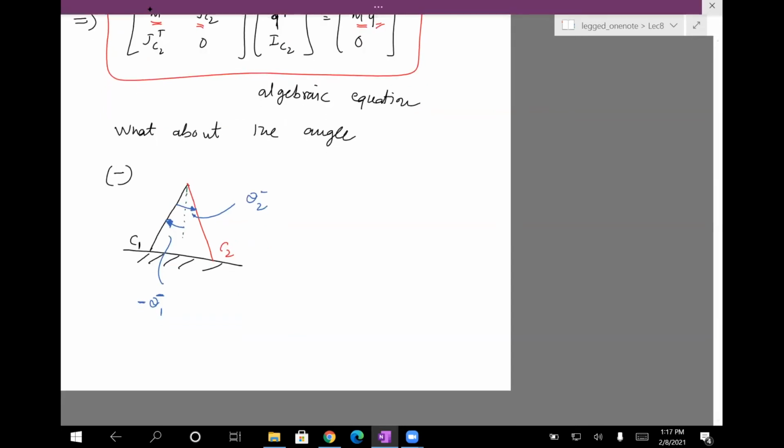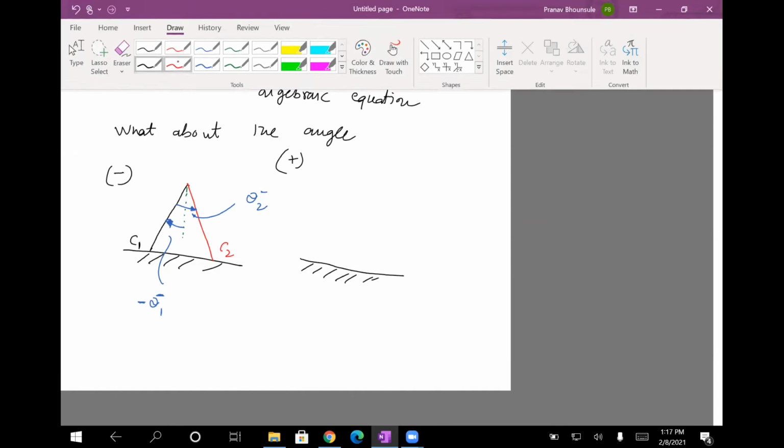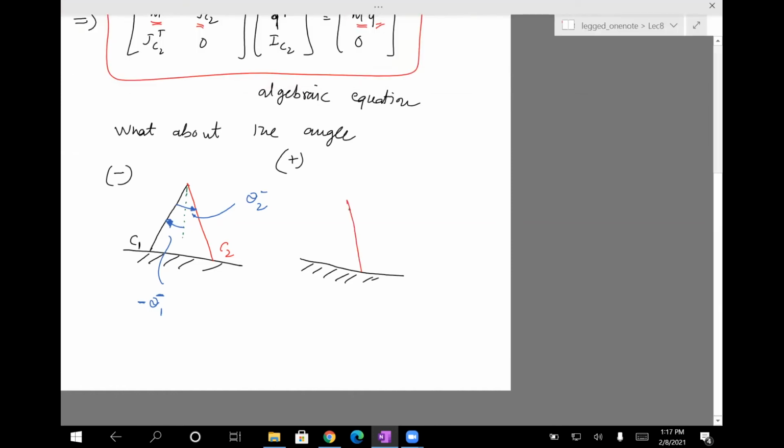Now if you look at the instant after foot strike, which is plus, nothing will change really. It'll just simply be the same figure.